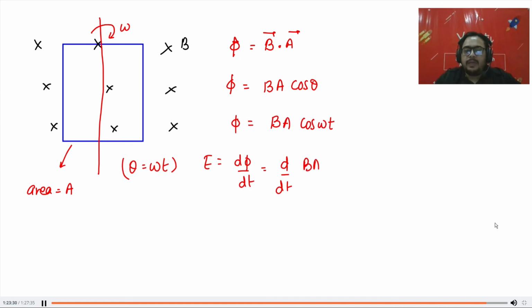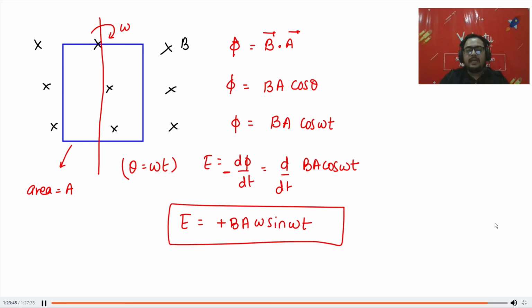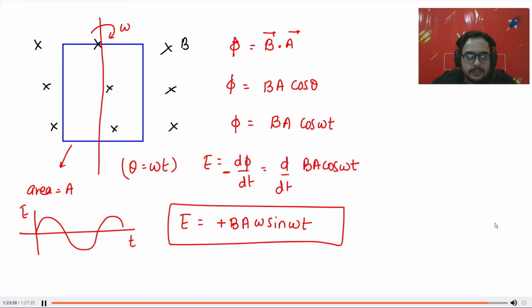Minus sign is already there, so it will become plus BA omega sine omega t. And that is our answer. Now, can you see the EMF is changing with respect to time? So a sine curve is formed for it and you get an alternating voltage. It is changing with time, so it is called alternating voltage. Is that clear to everyone?